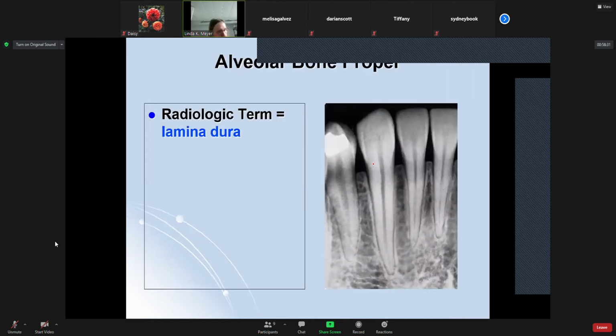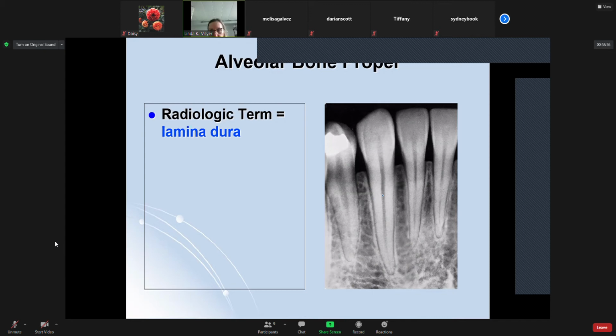Okay, when we look at an X-ray, alveolar bone proper is called the lamina dura. That Latin word dura means hard, so this translates as a little hard layer. On the radiograph, remember that the PDL space is the dark space surrounding the root.